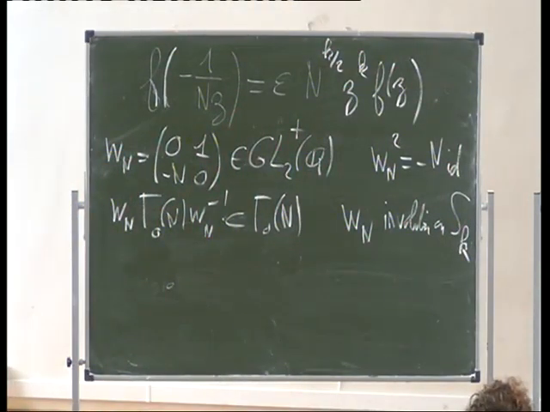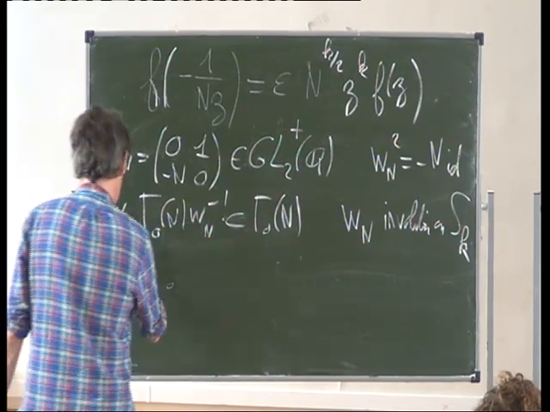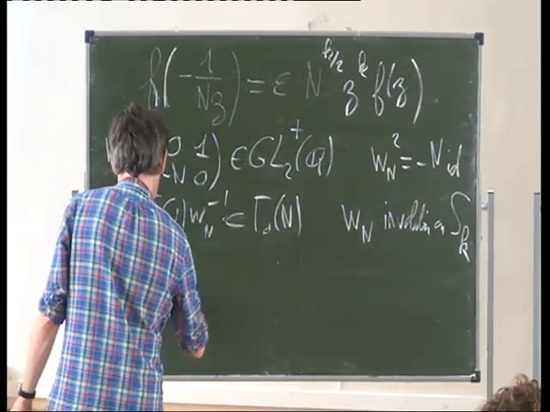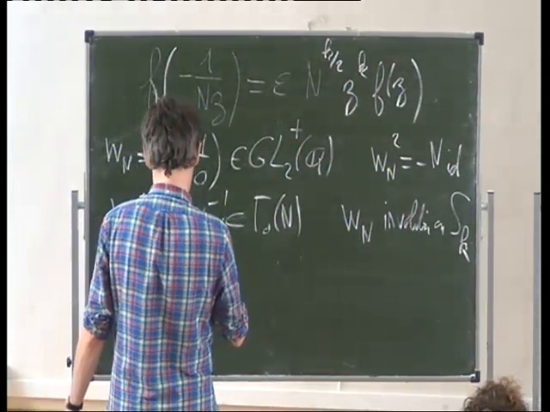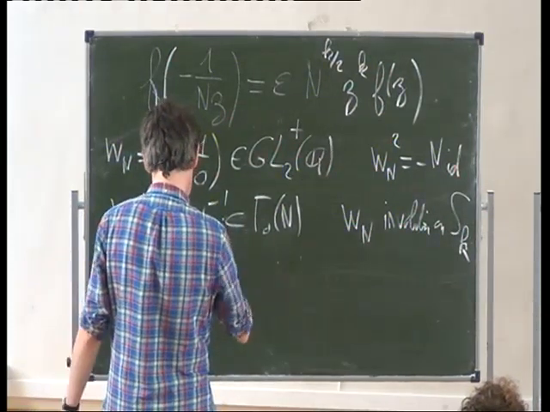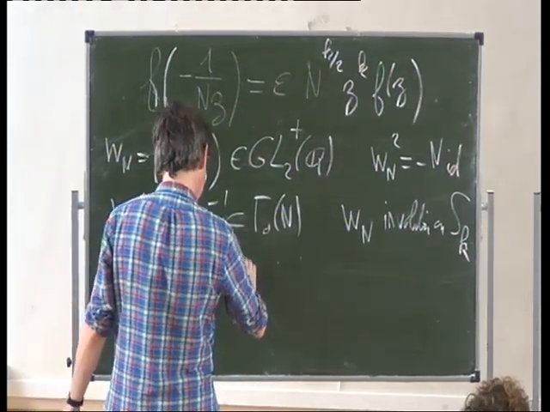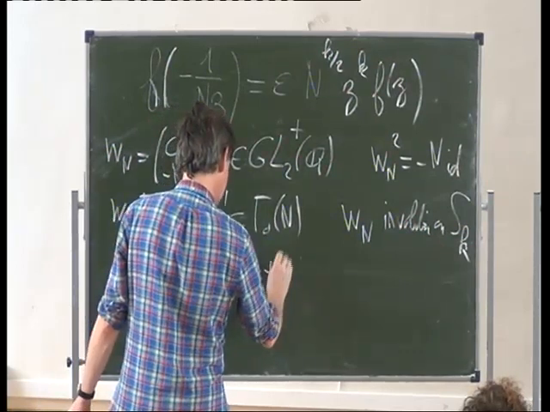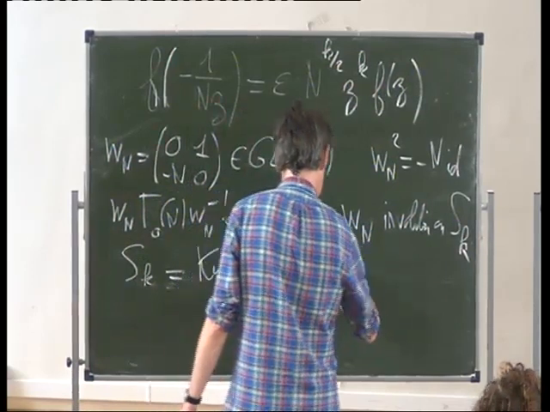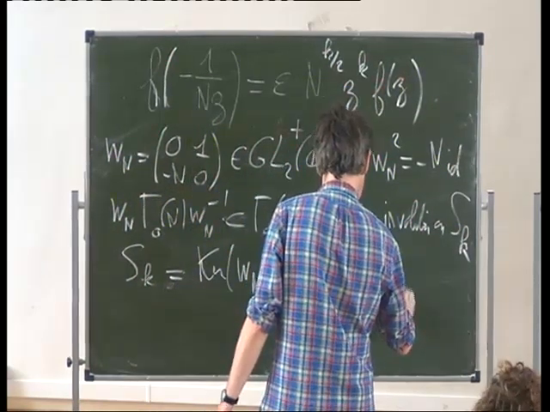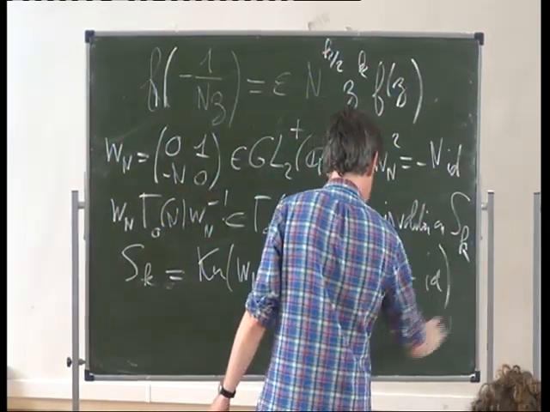Now, any involution you can decompose into a plus and minus part. So you can write Sk as Sk plus or Sk minus, let's say, the kernel of Wn plus identity plus the kernel of Wn minus identity.